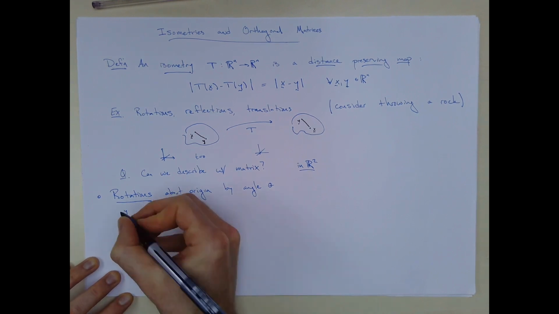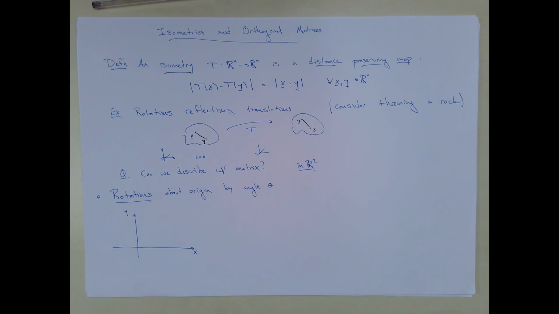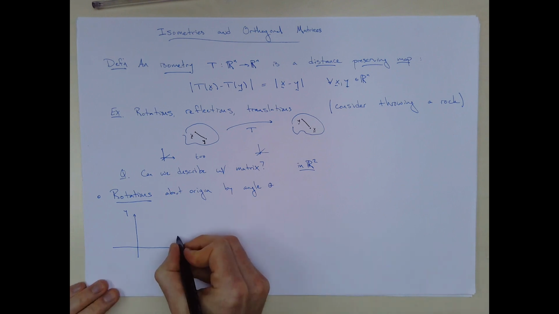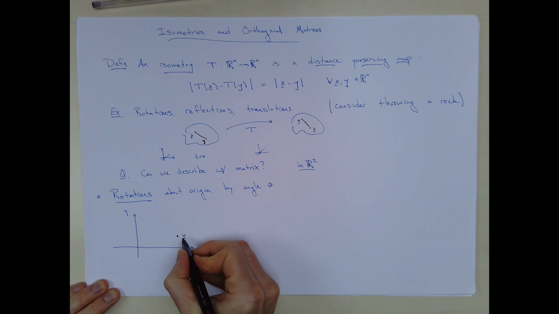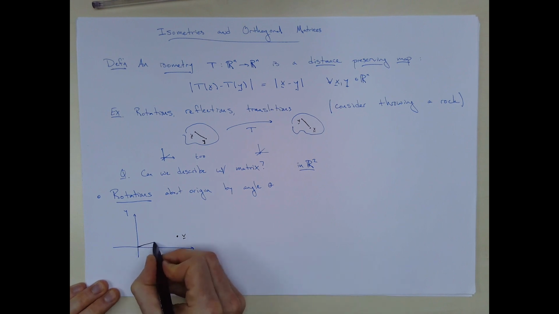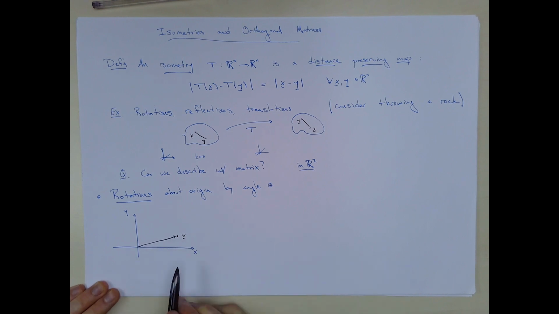So what I mean is I take a vector v in the xy plane, and I want to rotate that vector about the origin by angle theta.